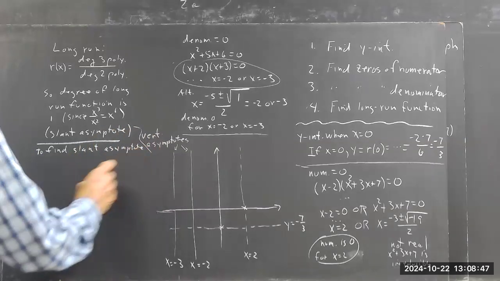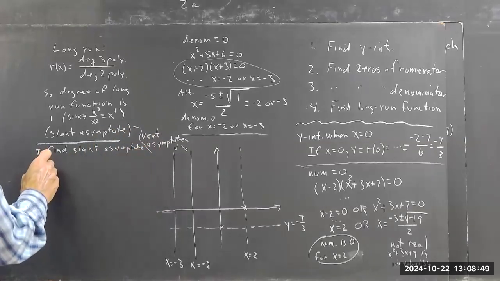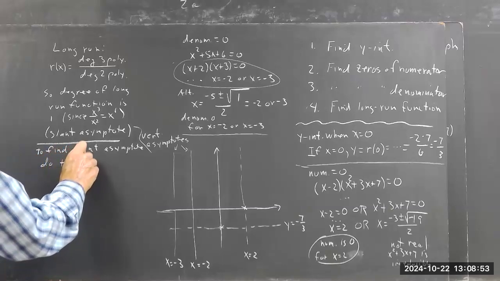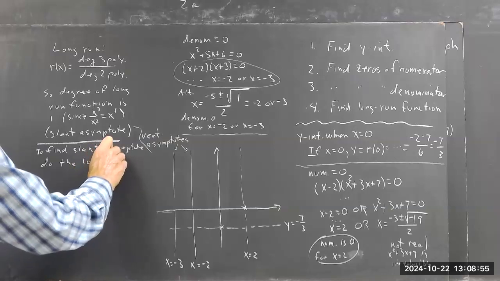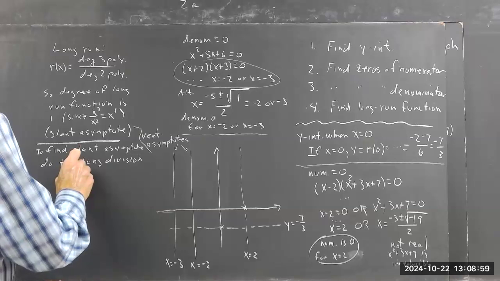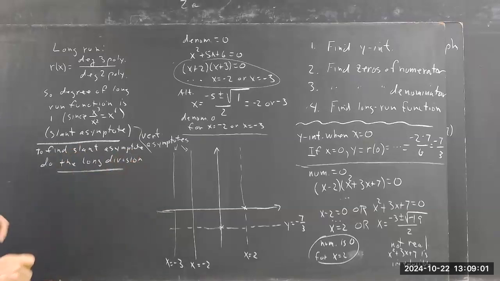Find the slant asymptote. Do the long division.